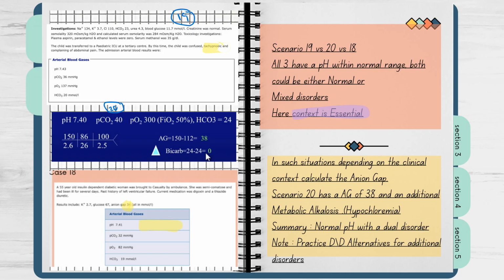Having said that, I'll say you cannot interpret an ABG with a range. You have to have a fixed number, but there is a purpose to what I'm saying. So now the pH is within normal range. If you look at the PCO2, that is also within normal range, but the bicarbonate is slightly below the normal range. So does this patient have anything?